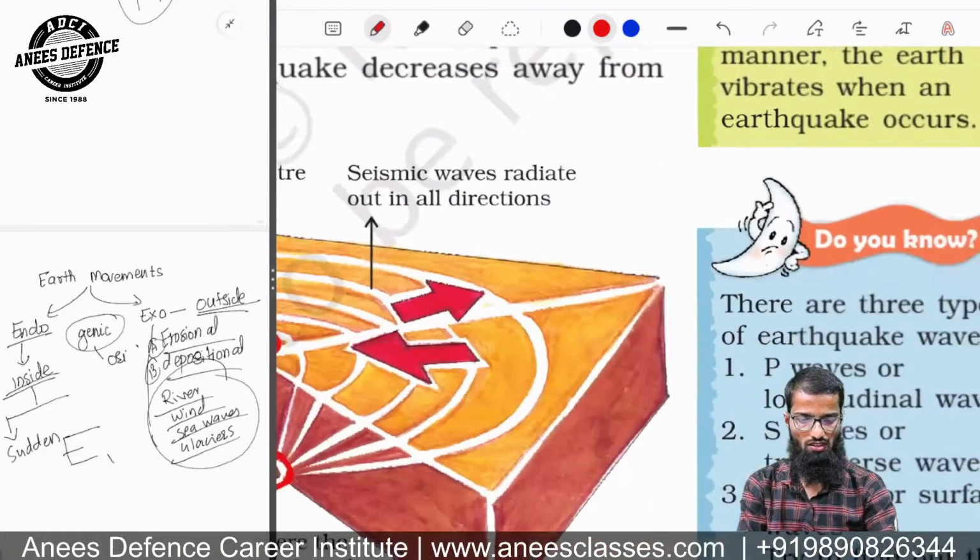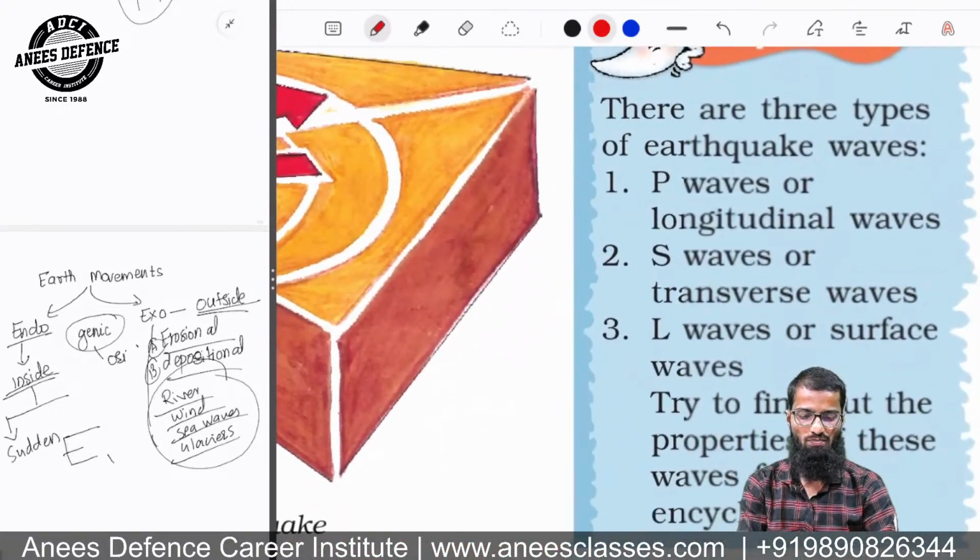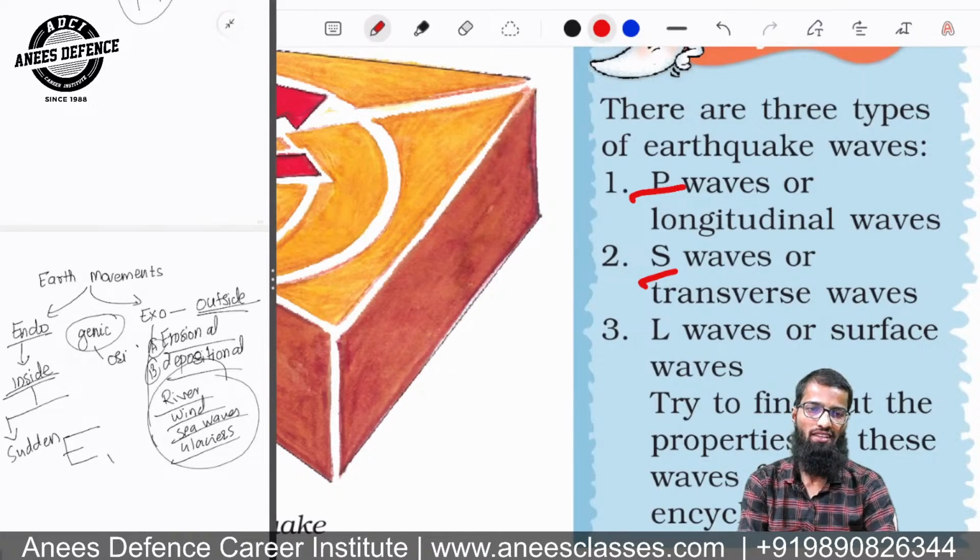Now, these sections are important from an exam perspective: S waves and P waves. P waves are primary waves, and S waves are secondary waves. P waves are longitudinal waves. You have studied the sound chapter, and sound waves are longitudinal waves. So P waves are like that only.